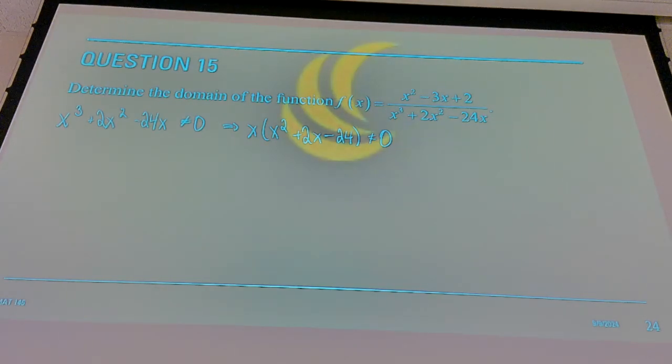Is that fully factored? How can we factor that?